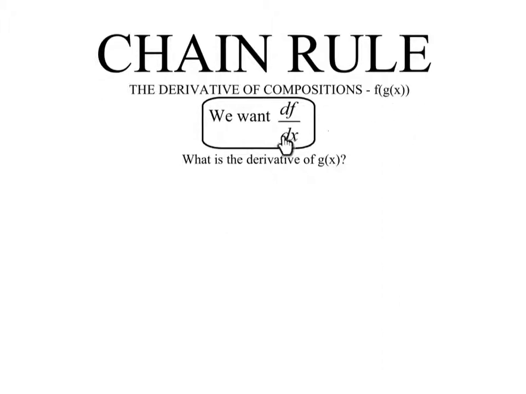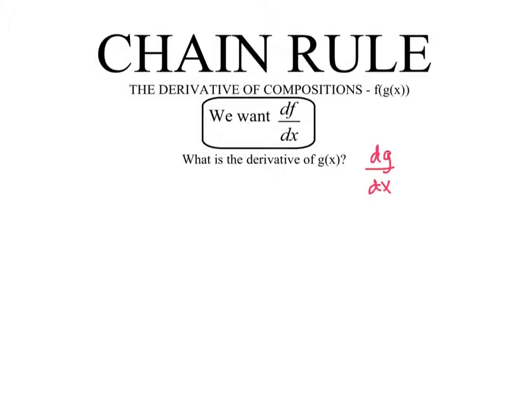Well, the way we're going to do this, the first thing we got to think about, and this is actually a very simple proof of how we do chain rule. The derivative of g of x is just dg dx. That's how we write that with Leibniz notation, change in g with respect to x.